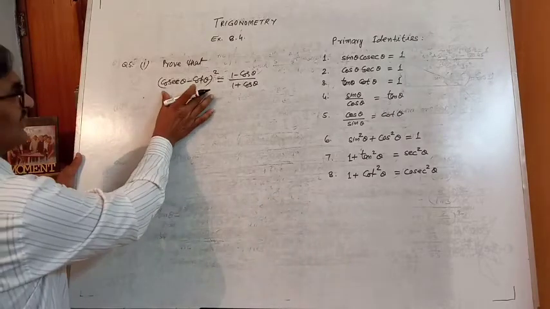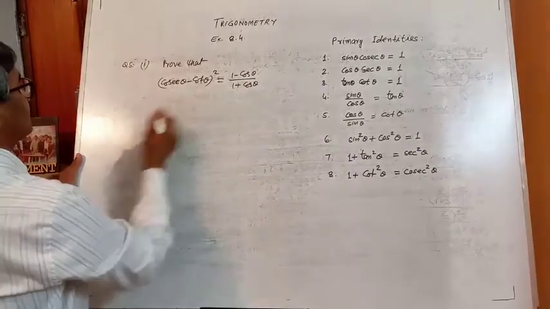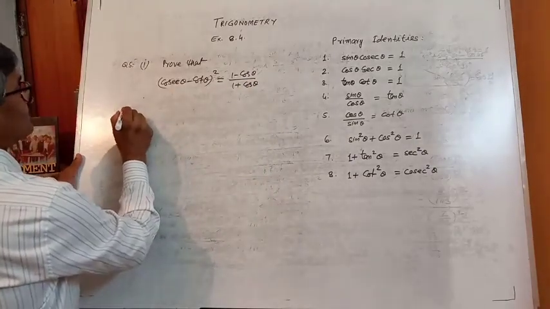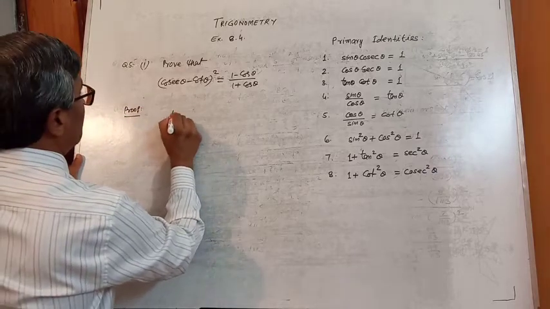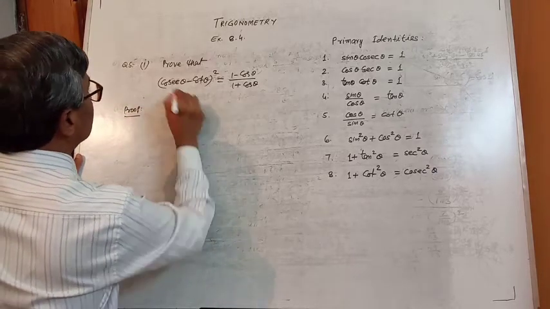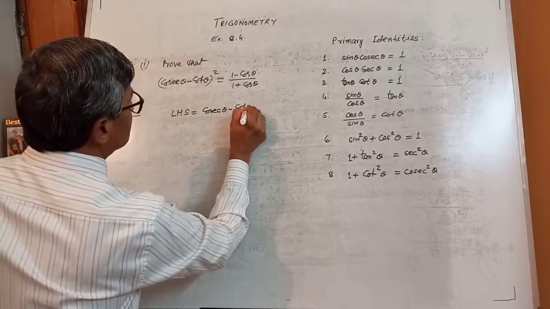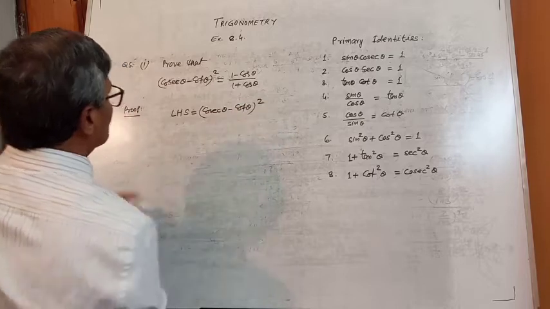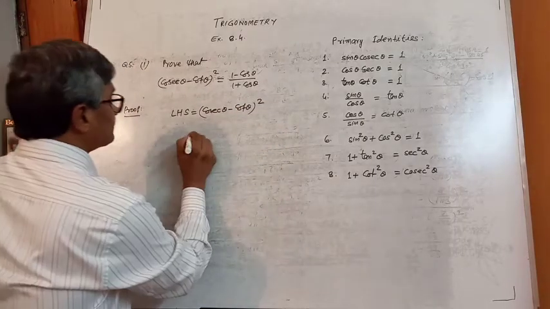Here we will take the left hand side first and prove that it is equal to the right hand side. Proof. LHS: (cosec theta minus cot theta) whole square.